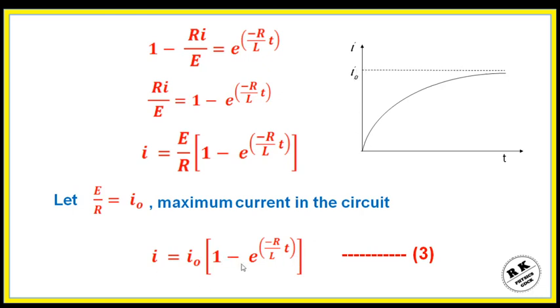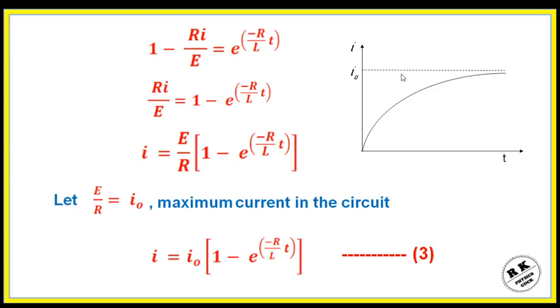From the equation, it can be seen that the maximum value is attained at infinity when t is infinity, which is not possible. That is why here we have shown that the instantaneous value reaches maximum value asymptotically.